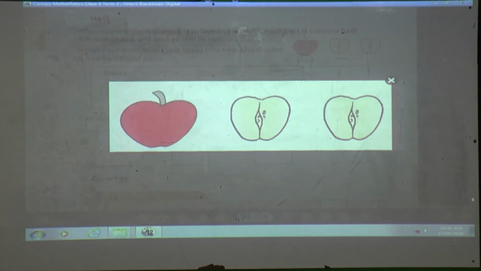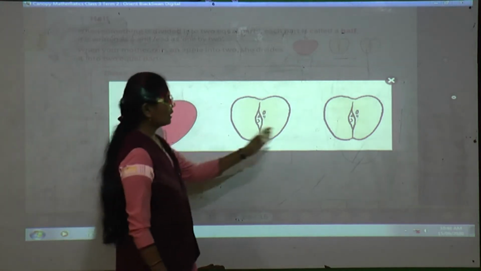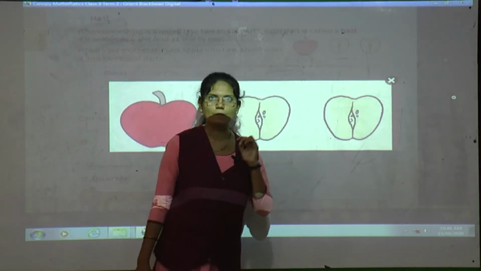Clear? Okay, this activity you can also do at your home. Which activity? Take one apple and cut it into two equal parts. Then the part you get is called a half.